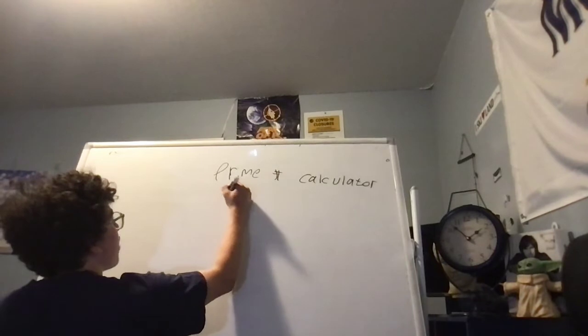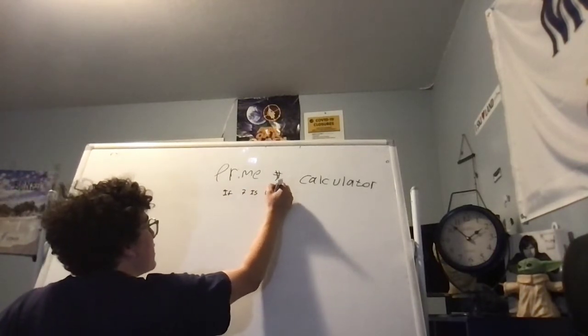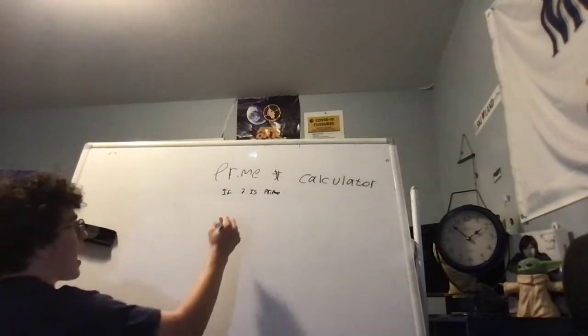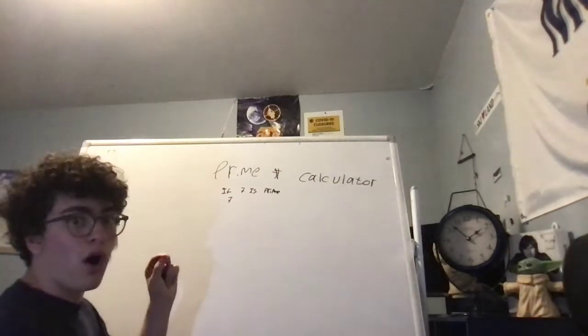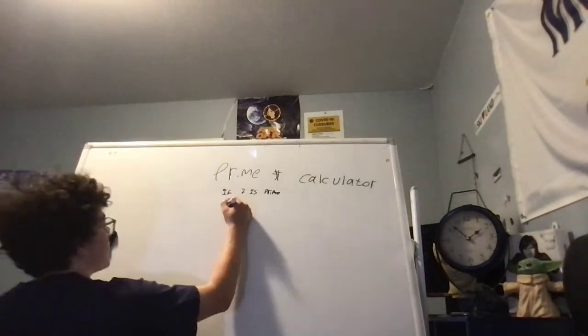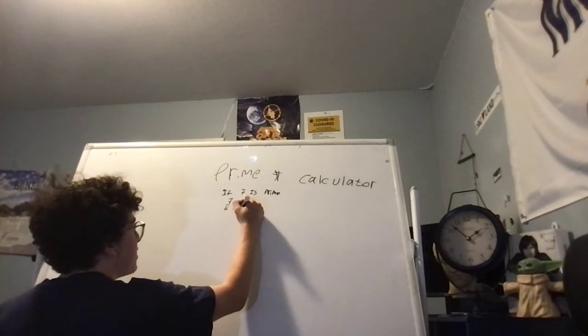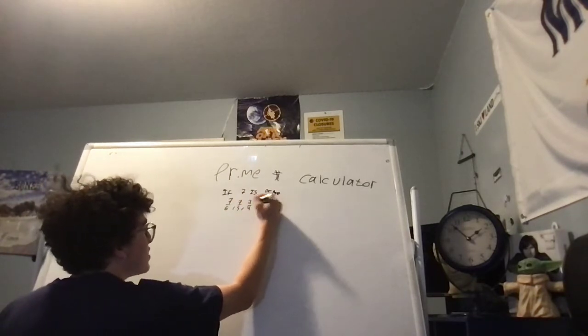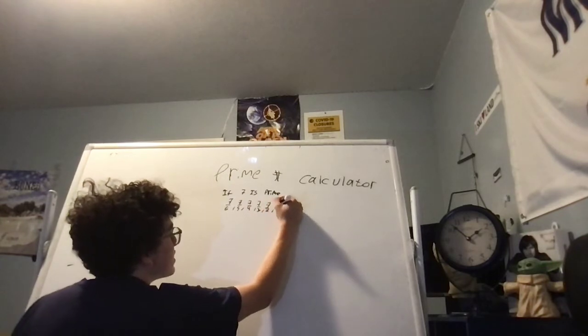So, in the example of if 7 is a prime number, we're going to take 7 and divide it by all the numbers smaller than it. So 7 sixths, 7 fifths, 7 fourths, 7 thirds, 7 seconds, 7 firsts.